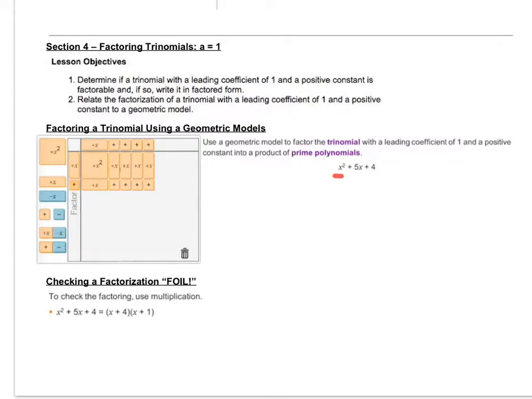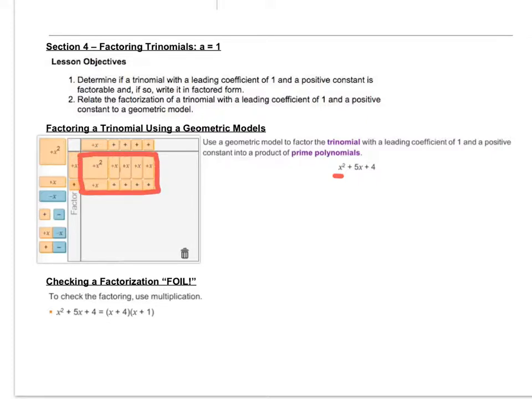And if we take each of these individual unit blocks and say 1 times 1 is 1, 1 times 1 is 1, 1 times 1 is 1, 1 times 1 is 1, then we get this trinomial can be factored.